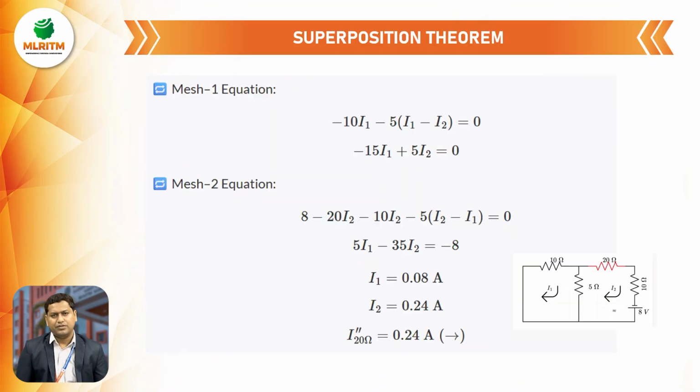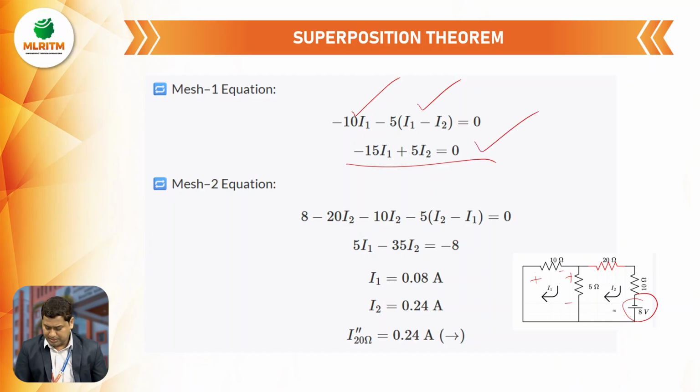The mesh 1 equation when the second source is acting is minus 10 I1 minus 5 times I1 minus I2, that is minus 15 I1 plus 5 I2 is equal to 0.